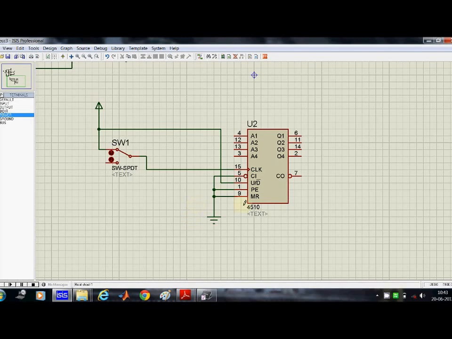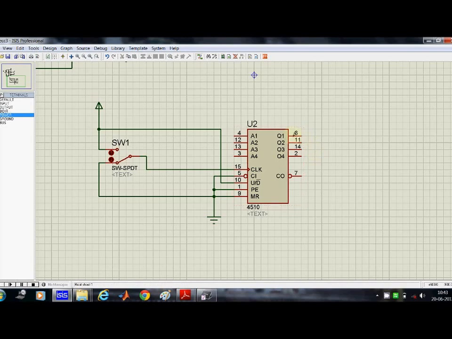So I have connected it as such. Now the other part of this switch is given a ground. So when the switch is thrown upwards, we get a logic high into the clock. When the switch is thrown downwards, we get a logic 0 into the clock.